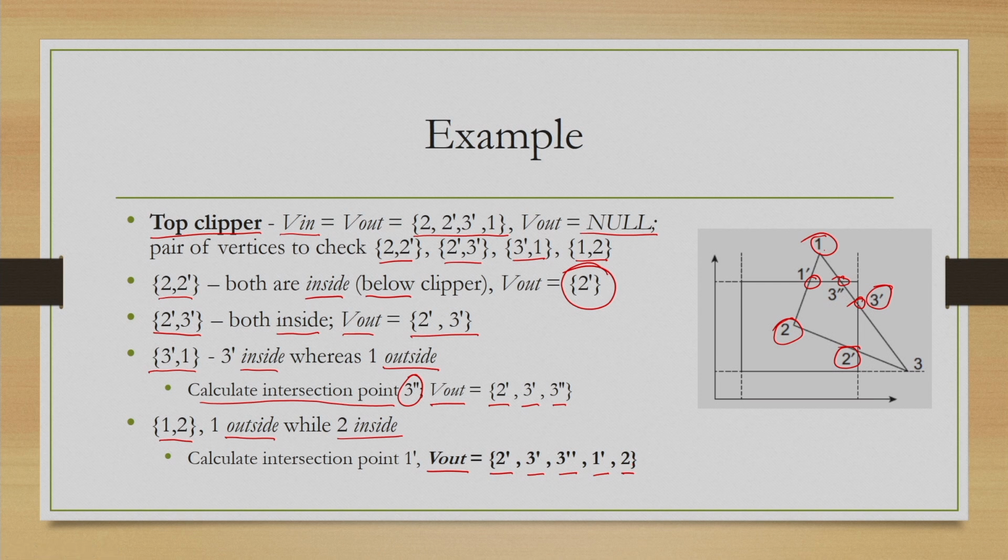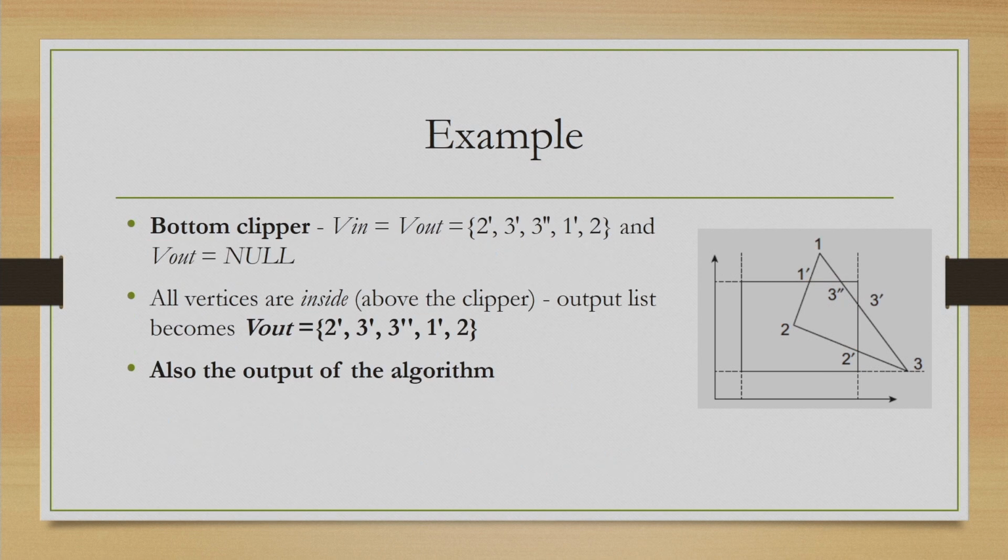So, this is our output list after checking against the top clipper, and this serves as the input list to the remaining clipper to be checked, that is the bottom clipper. This is the input list for the bottom clipper and the output list is initially null, and as we can see all these vertices, 2, 2 dash, 3 dash, 3 double dash and 1 dash, are inside because they are above the bottom clipper.